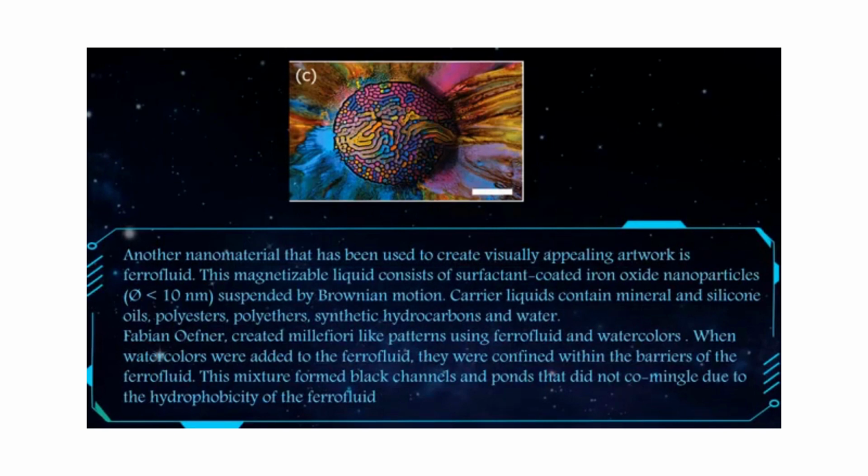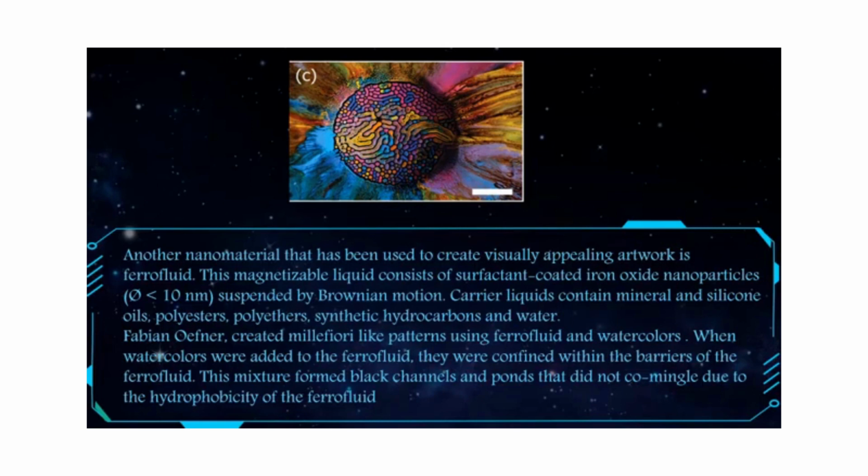Another way that can be used to create visually appealing artwork is the use of ferrofluid. Basically, ferrofluid is a magnetizable liquid that consists of surfactant coated iron oxide nanoparticles suspended by Brownian motion. These carrier liquids contain minerals and silicon oils, polyethers, and synthetic hydrocarbons in addition to water.